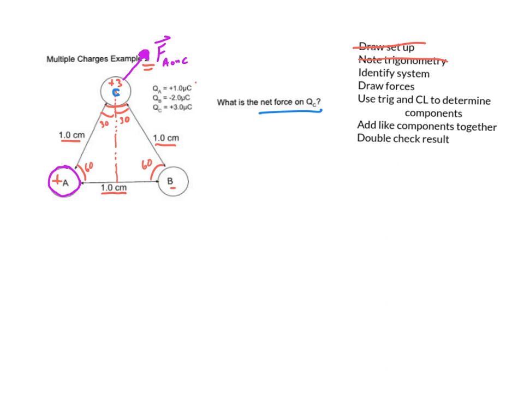Next. B is also applying a force, but that force is going to be twice as large because B is twice the charge that A is, and they're the same distance away. So B is going to be attractive, positive and negative, and the force is going to be twice as much.